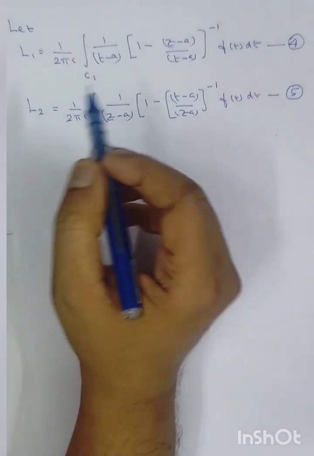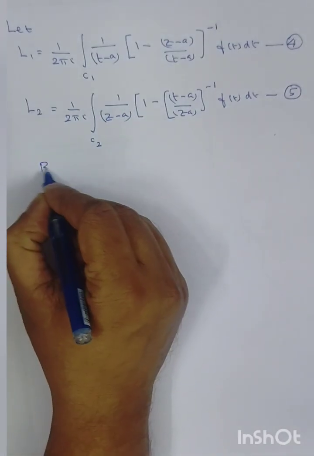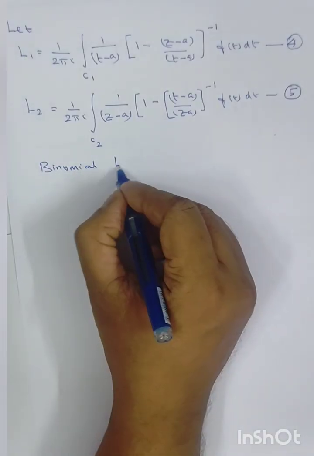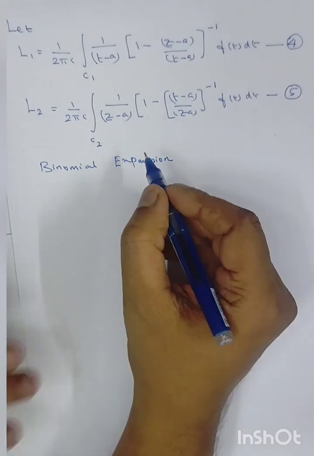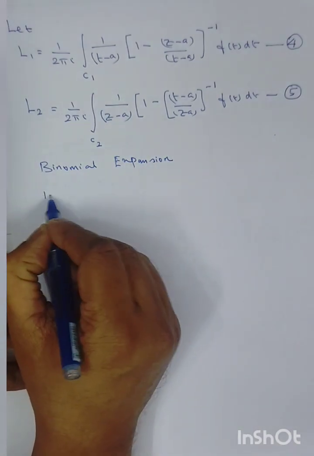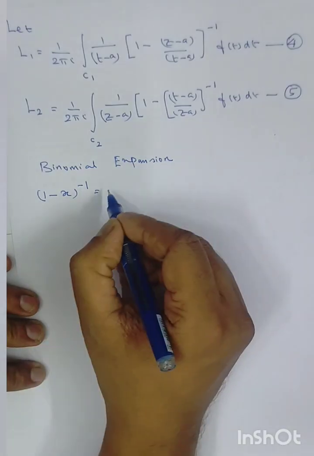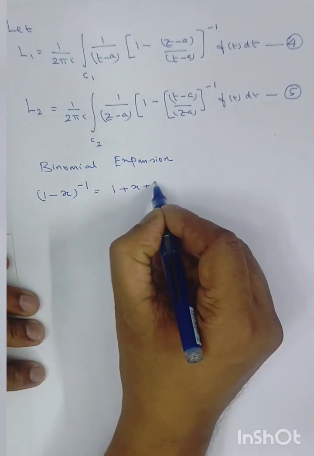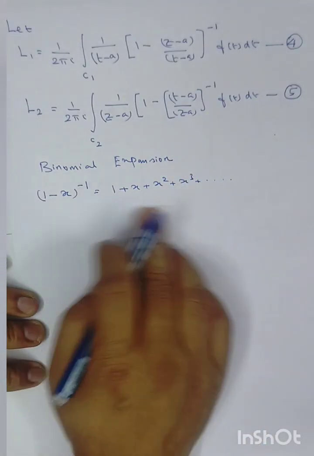Now to solve L1 and L2, we will use binomial expansion. So what is binomial expansion? If there is a function 1 minus x whole power minus 1, then according to binomial expansion we write 1 plus x plus x square plus x cube plus etc. So this is binomial expansion.